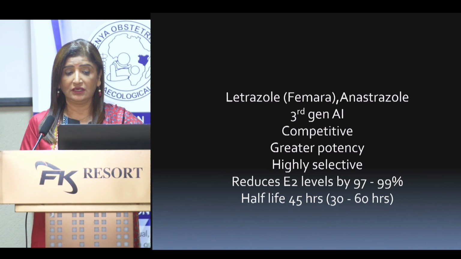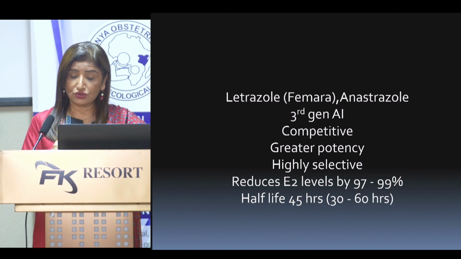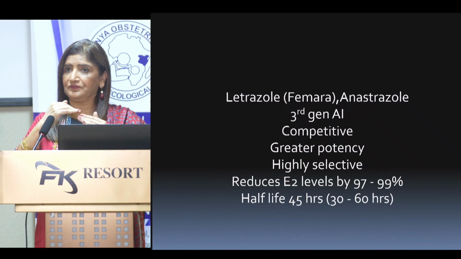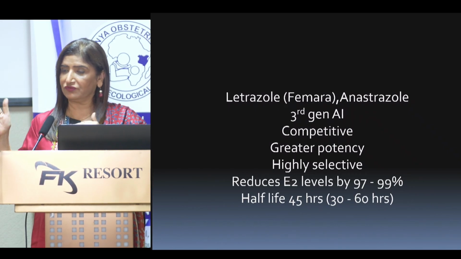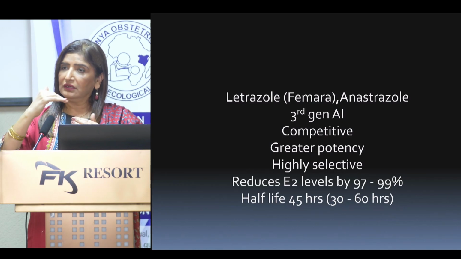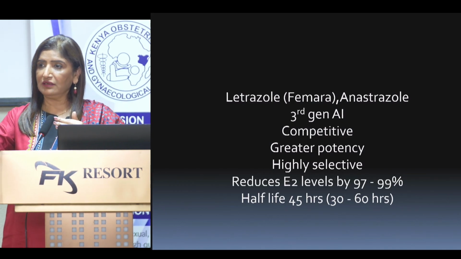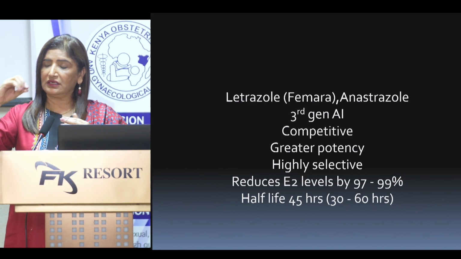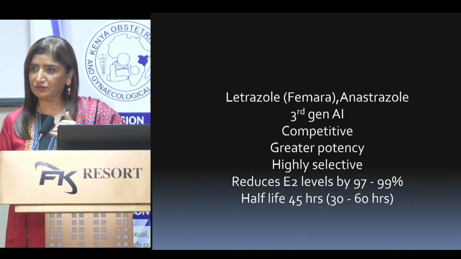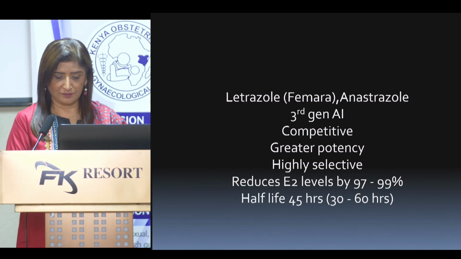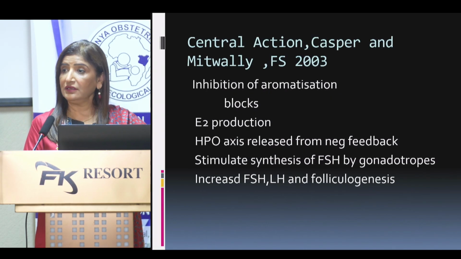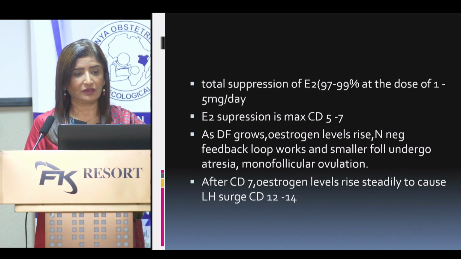It's only 30 to 60 hours. So as soon as the dominant follicle is selected, within the next 2 days the letrozole effect is gone, and once the follicle starts rising, the E2 will start coming in, the pituitary will come back to normal, and you will have a good endometrium as compared to clomiphene.